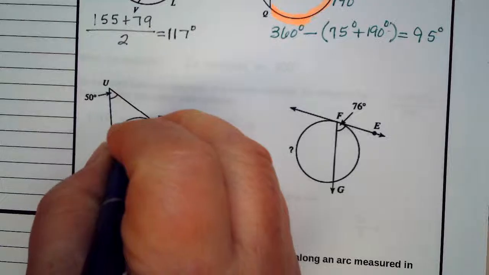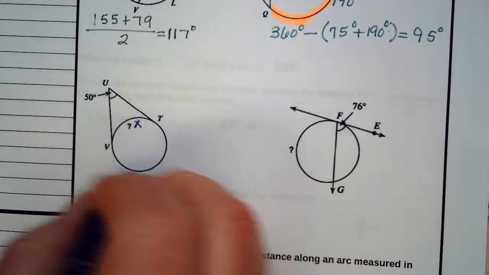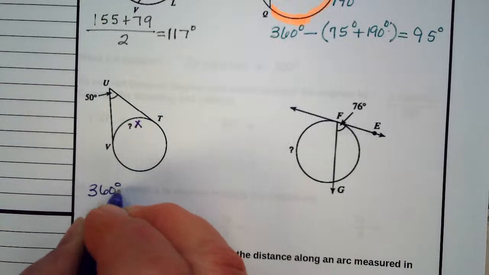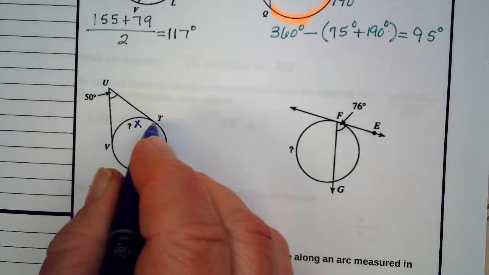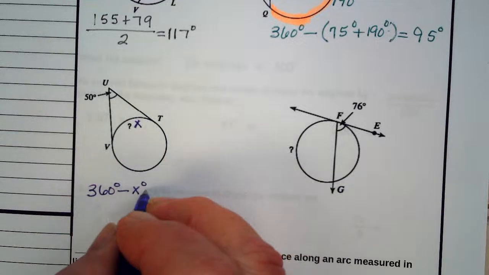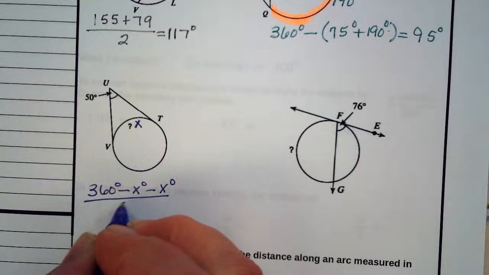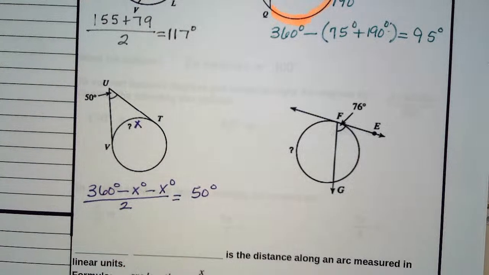So if I have this one be x degrees, then the whole thing would be 360. 360 degrees minus x degrees will give me this piece here. Then I still have to subtract x degrees again, and I will divide it by 2, and I will get 50 degrees.